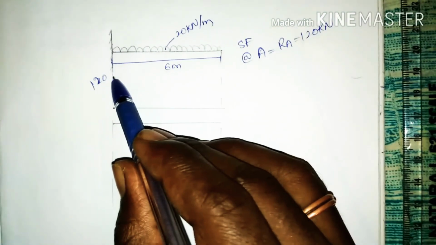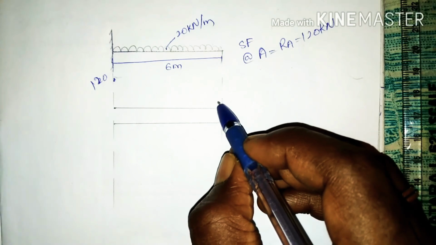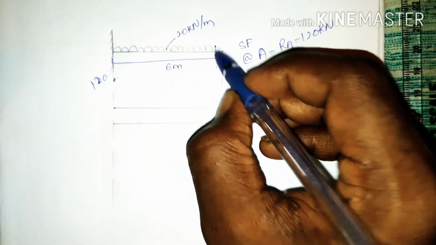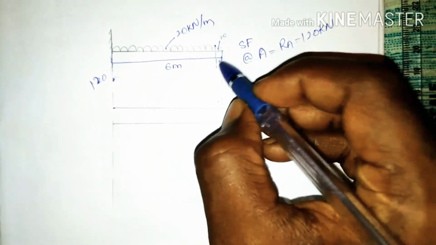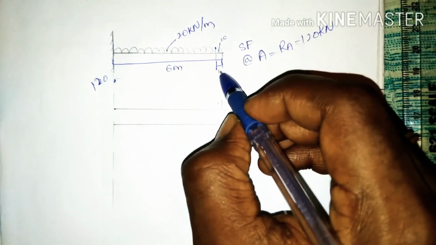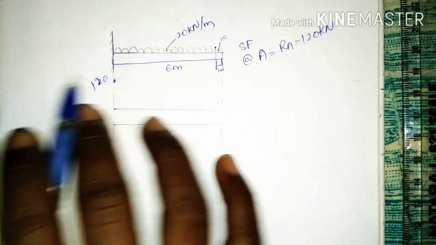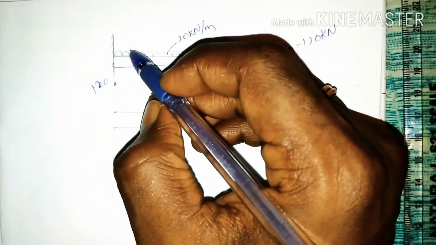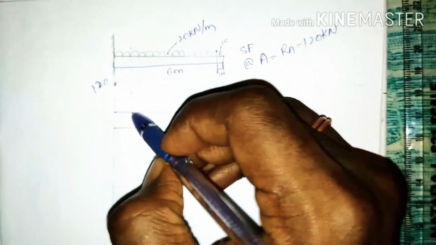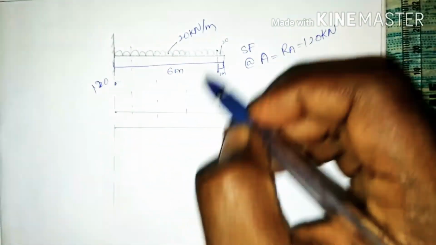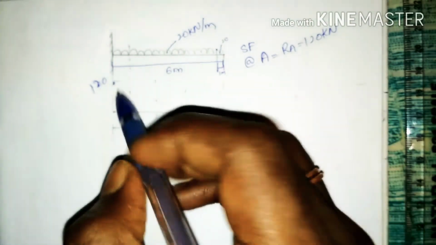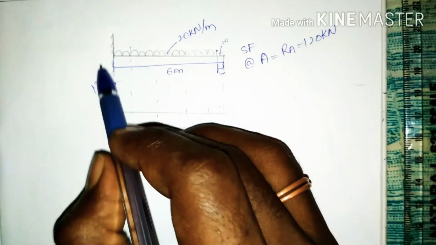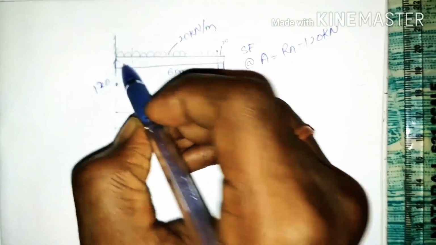And next, while going on to B, if you take the shear force here, the value is 20, let us consider the distance is 1 meter, and it goes on decreasing like this. Just for example, for the total span, RA is going to act like this, so the value is 120.